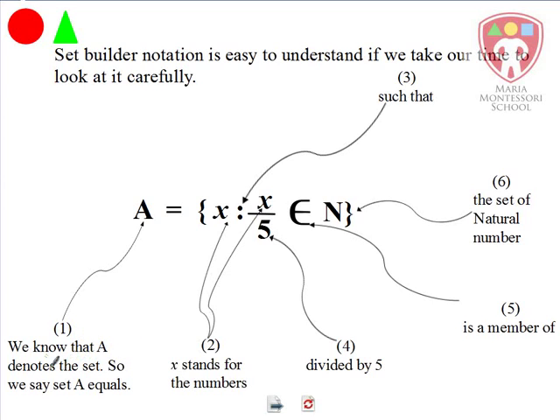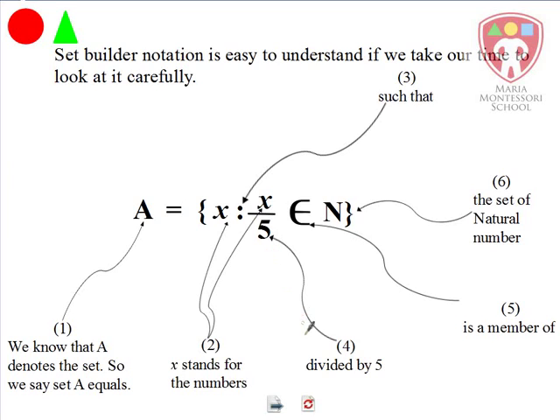Number 1, we know that A denotes the set, so we say set A equals. Set A equals x. X stands for a number, or rather the numbers that will go into making the set.